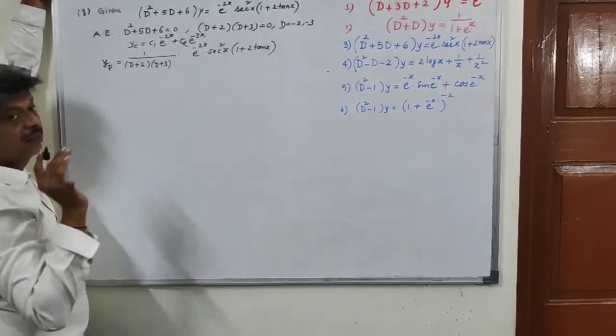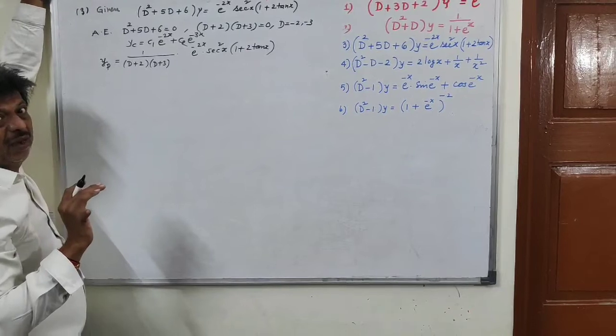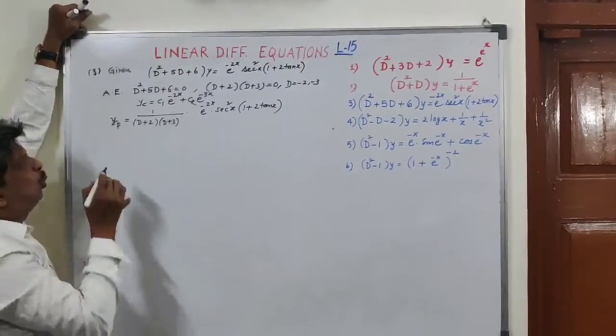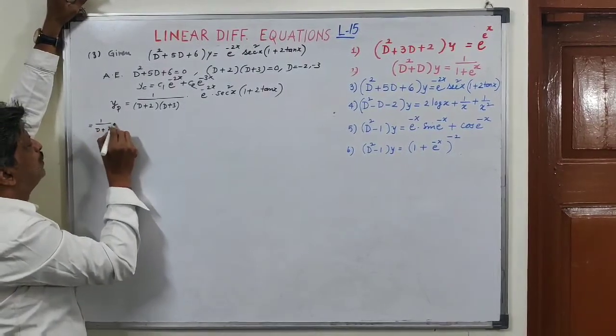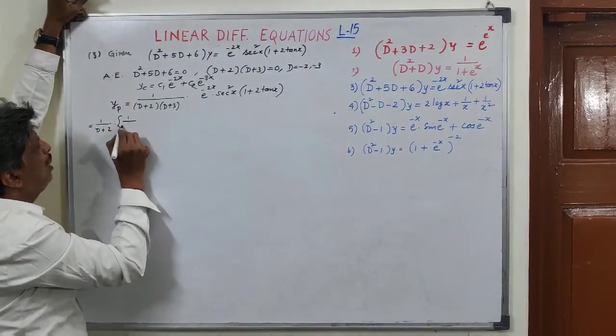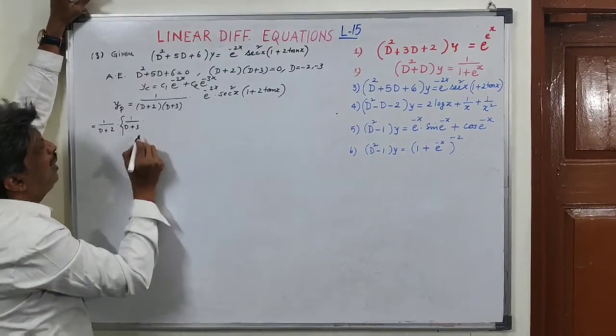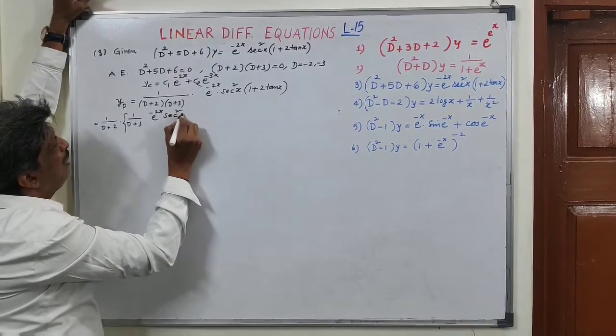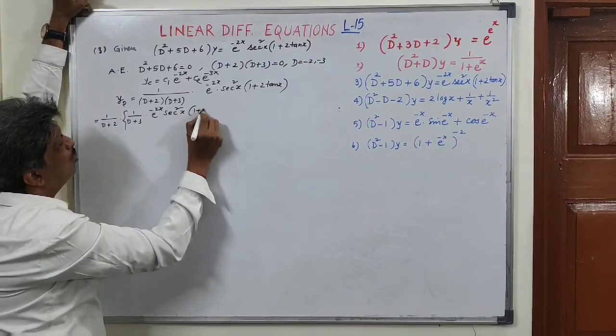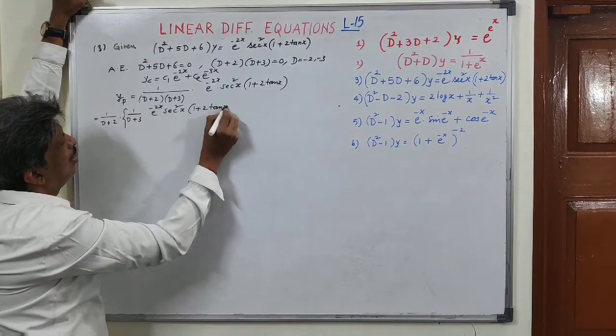Now note this step. This is further equal to 1 upon d plus 2 times 1 upon d plus 3 operating on e raised to power minus 2x into sec square x into 1 plus 2 tan x.